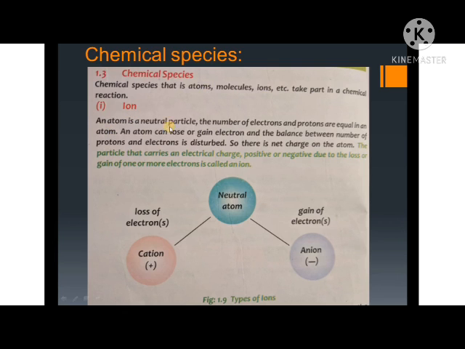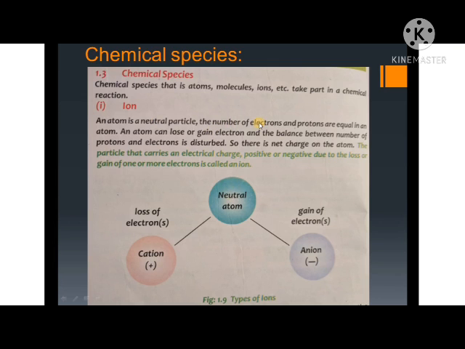An atom is a neutral particle. Neutral means there is no charge on the atom in naturally occurring condition.